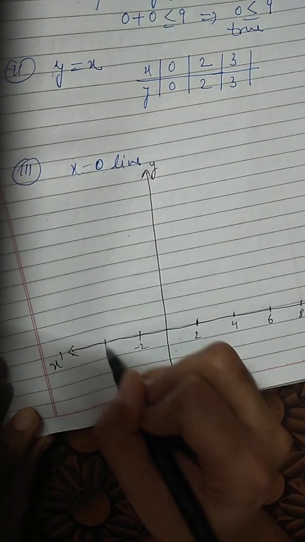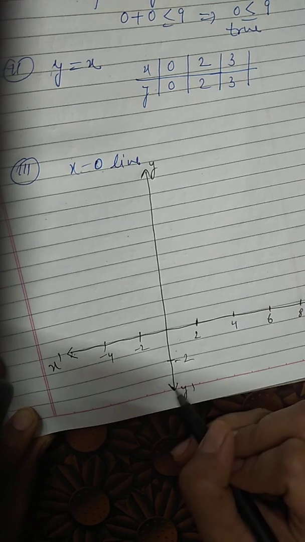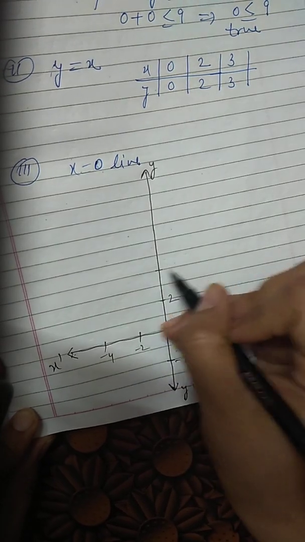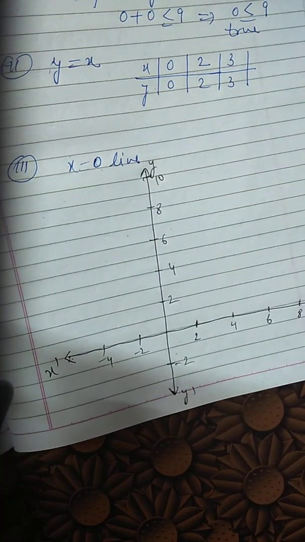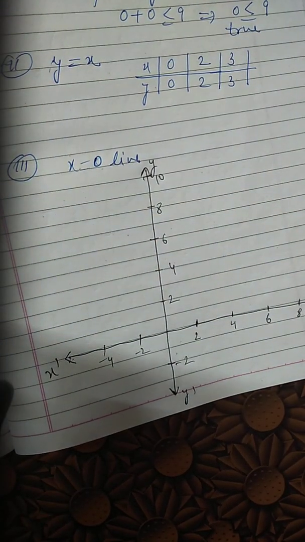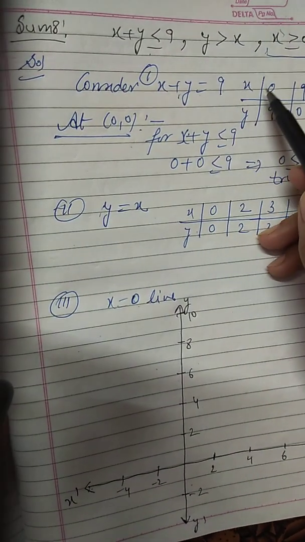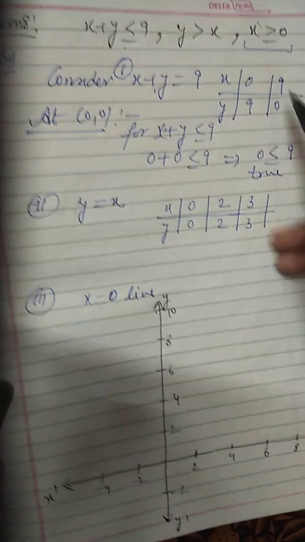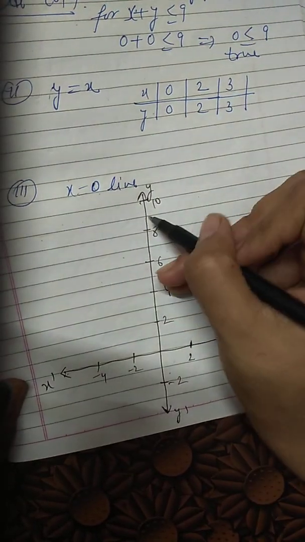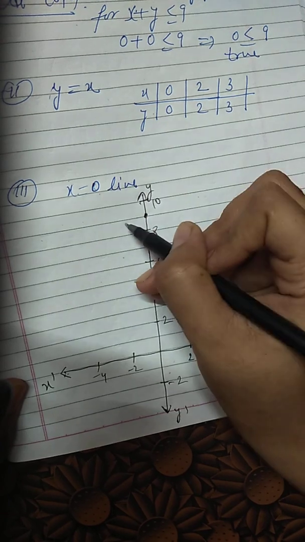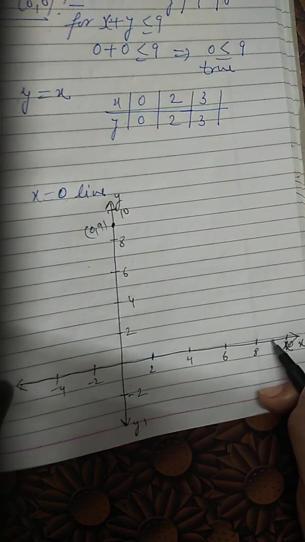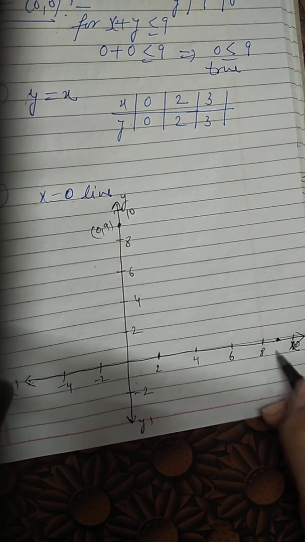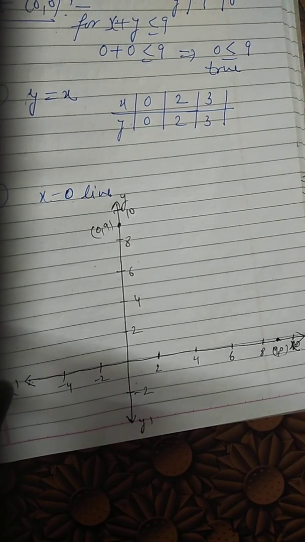Similarly -2, -4, and on the other side 2, 4, 6, 8 and 10, right? So let us take the first line, x plus y equals 9, x is 0, y is 9, y is 0, x is 9. So when x is 0, y is 9, this point we will have, the 0, 9 point, and the next point we will have here when y is 0, x is 9. So this will be the 9, 0 point.